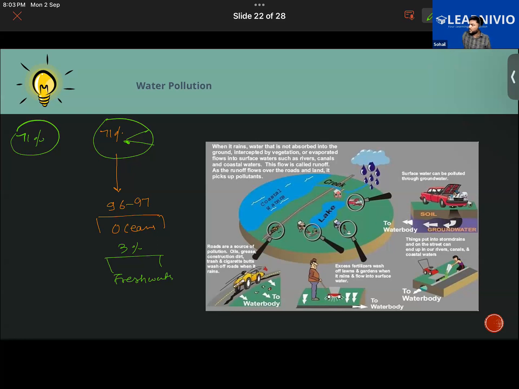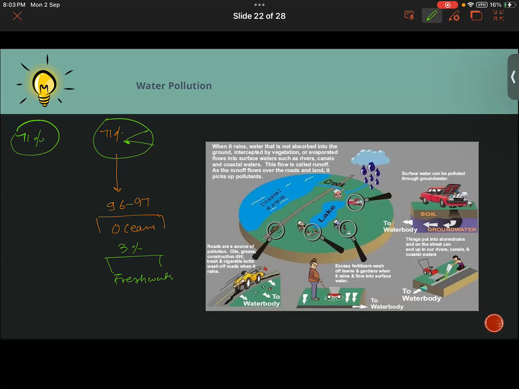So, that 3% of fresh water is also unevenly distributed on Earth. A good portion of it is frozen in the polar ice caps, so it is not accessible. Some of it is in the oceans, lakes and ponds, and a good portion is in the groundwater.